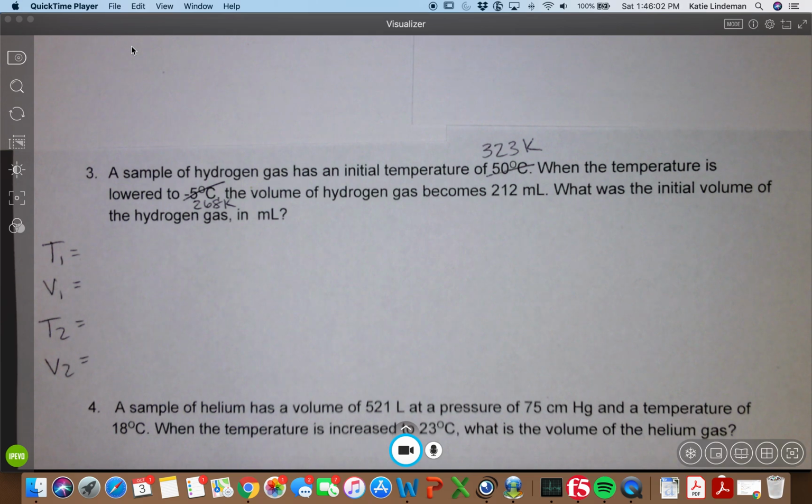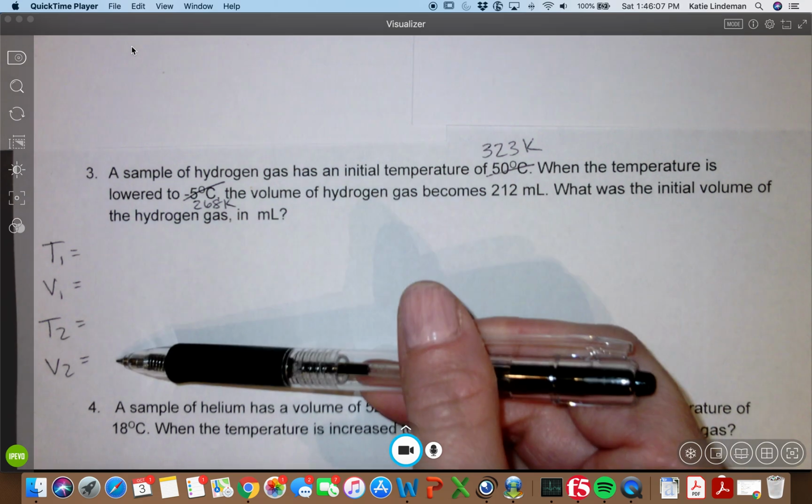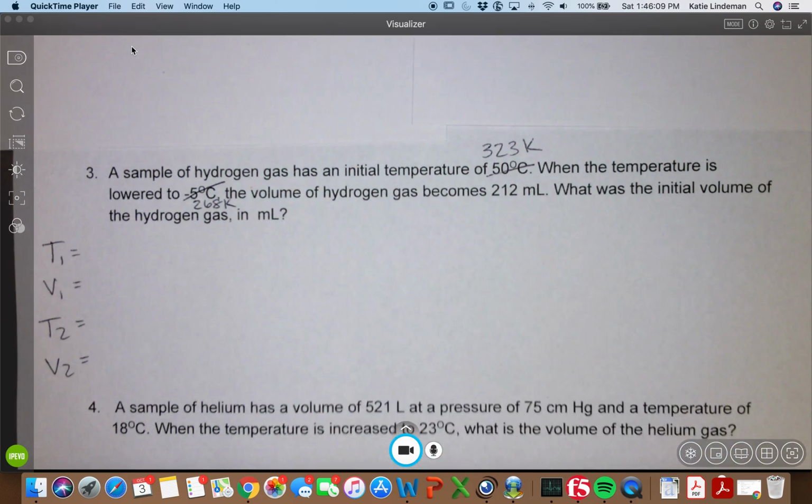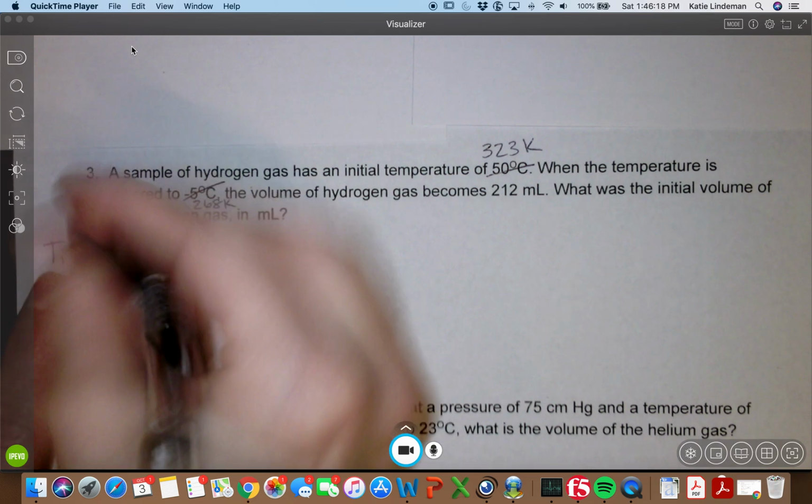Now I'm going to go ahead and figure out which variables I have and which variables I'm going to be solving for. So a sample of hydrogen gas has an initial temperature, so my initial temperature, of 323 kelvins.